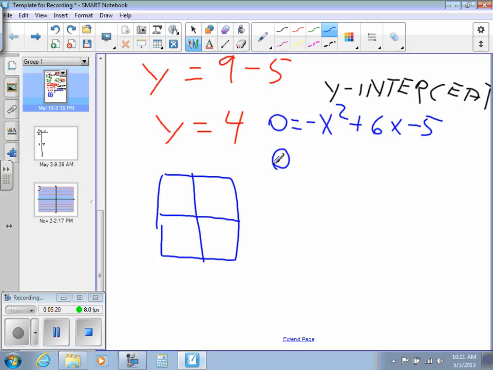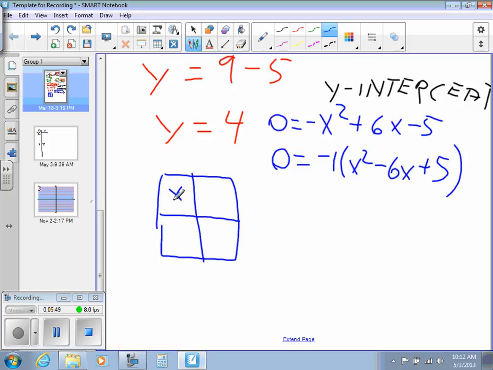So I'll factor out the -1: 0 equals -1 times x squared minus 6x plus 5. And now I have a leading coefficient that's positive, not negative.